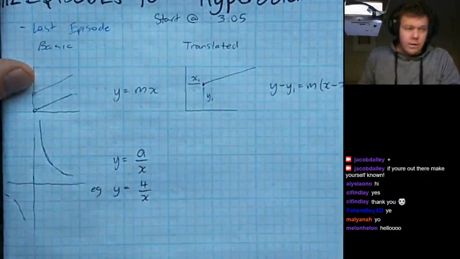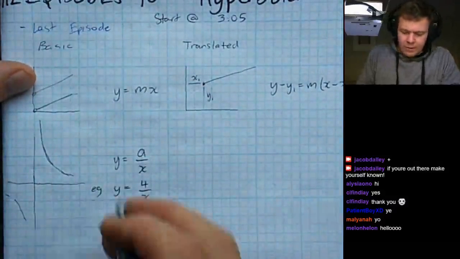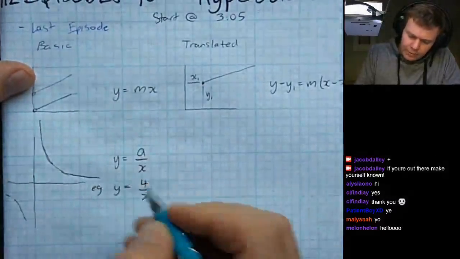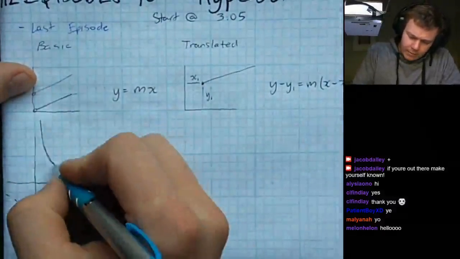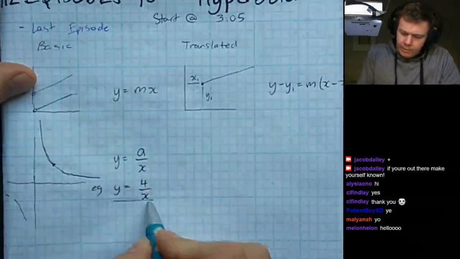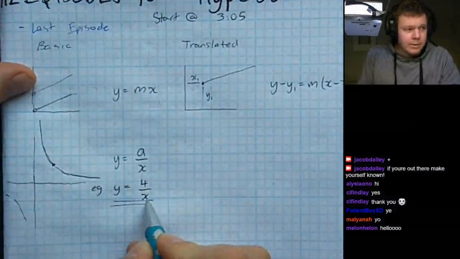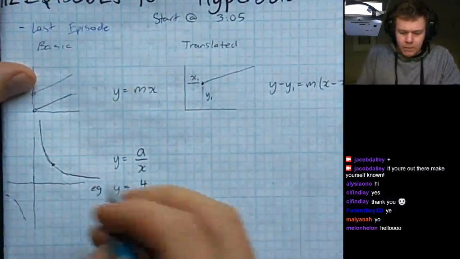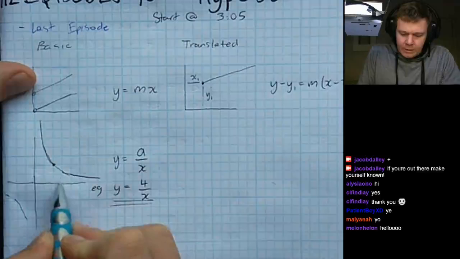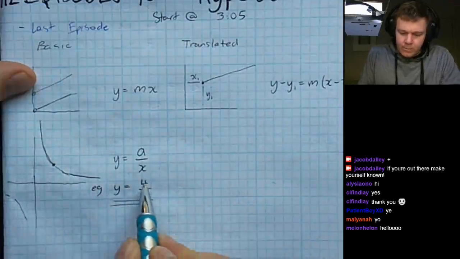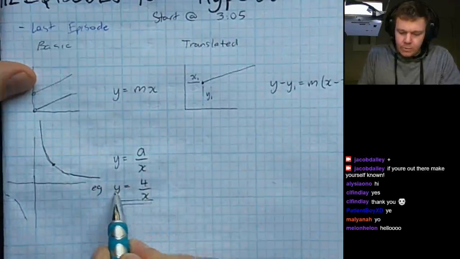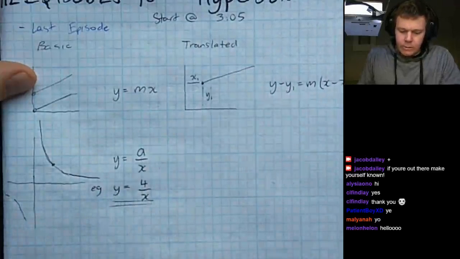So this is a basic hyperbola that I've drawn here, and it will be y equals 4 over x. You can think of this point here, 2 times 2, or 4 divided by 2, will give you your y coordinate.